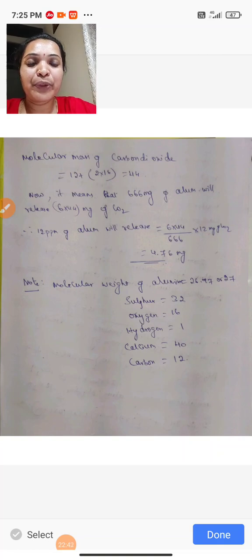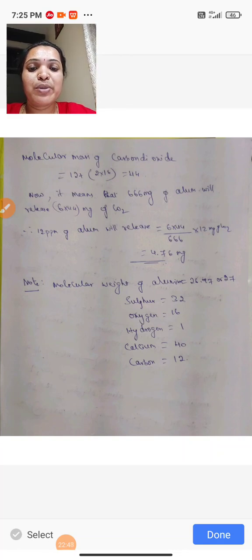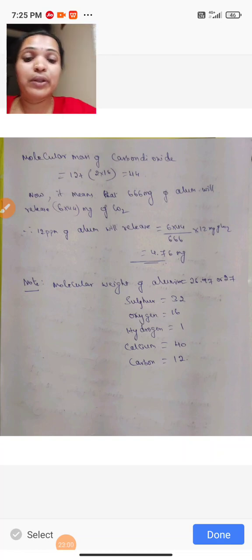Aluminium molecular weight is 27, sulfur is 32, oxygen is 16, hydrogen is 1, calcium is 40, carbon is 12. These are the molecular weights of these components.